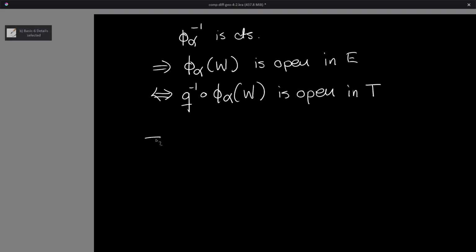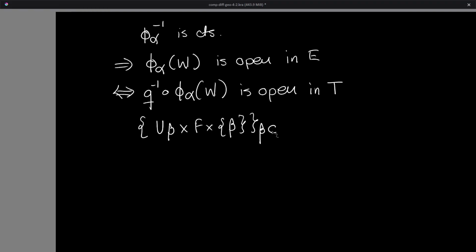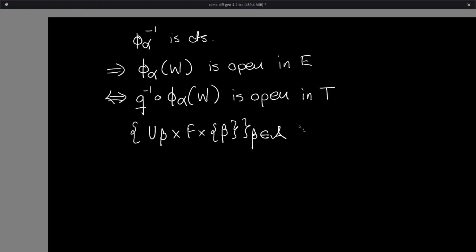And then we showed that this implies R inverse. So we then said, think of this U beta cross F cross beta for all beta. My squigglies are becoming unintelligible. A is an open cover.